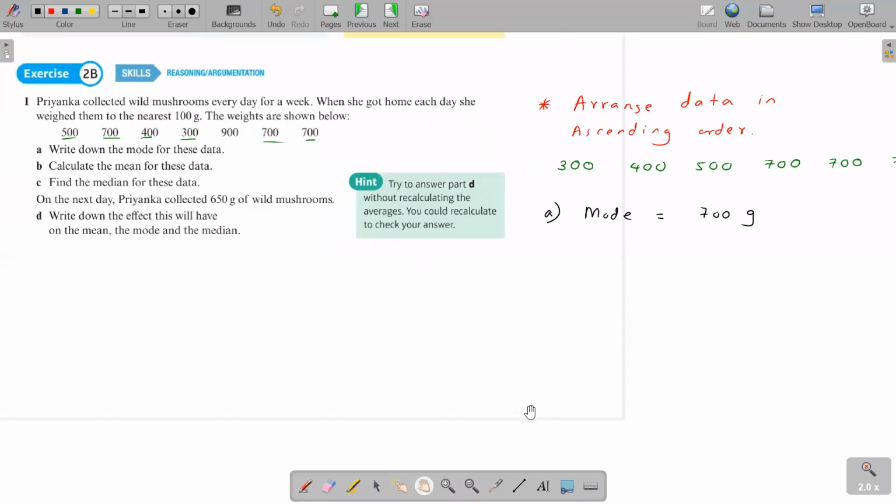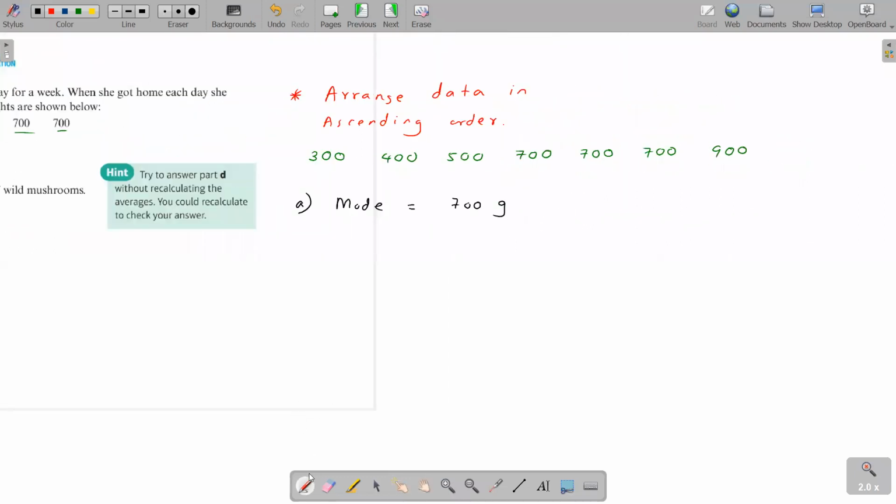Then they ask you to calculate the mean for this data. To calculate the mean x bar, are you taking the sigma x over n rule or is it sigma fx over n? Do we have a frequency table here? No. So you will use x bar equals sigma x over n. Your individual x values are given here, so you add each and every one of these individual x values and you get sigma x.